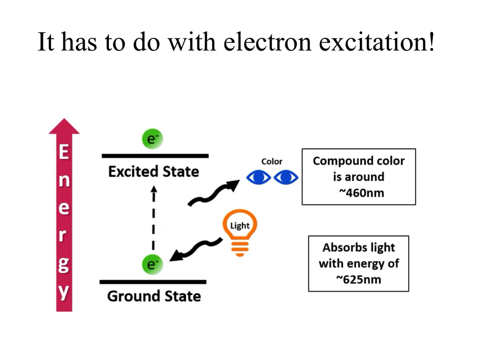And when they're excited, they go to a higher state, and that gives rise to the color that we see. So, for example, this compound, if it absorbs light at 625 nanometers, we'll be able to see it at about 460 nanometers.